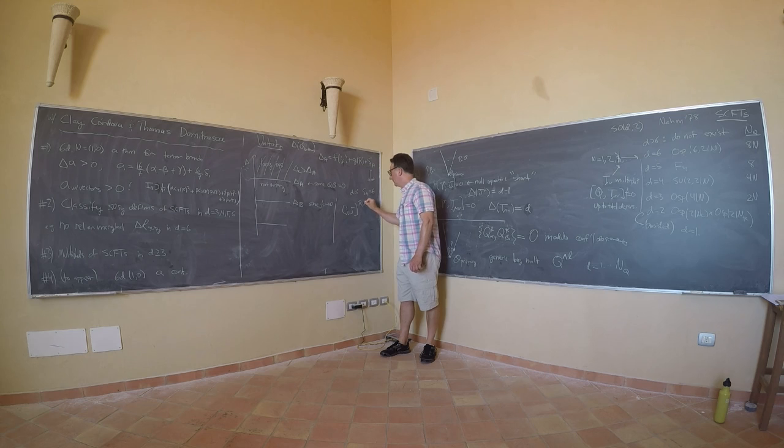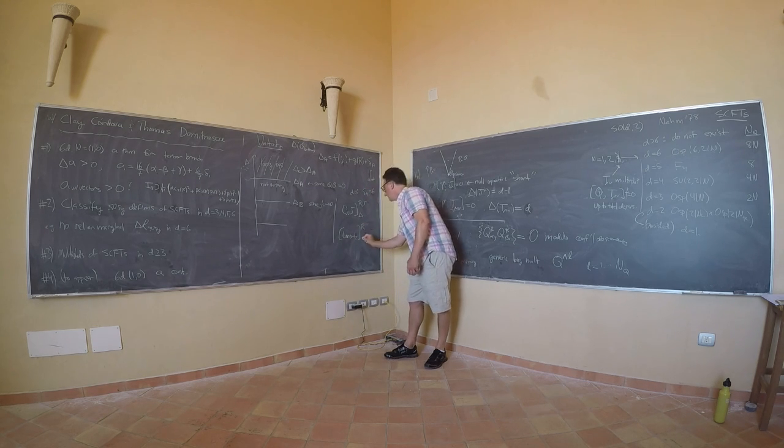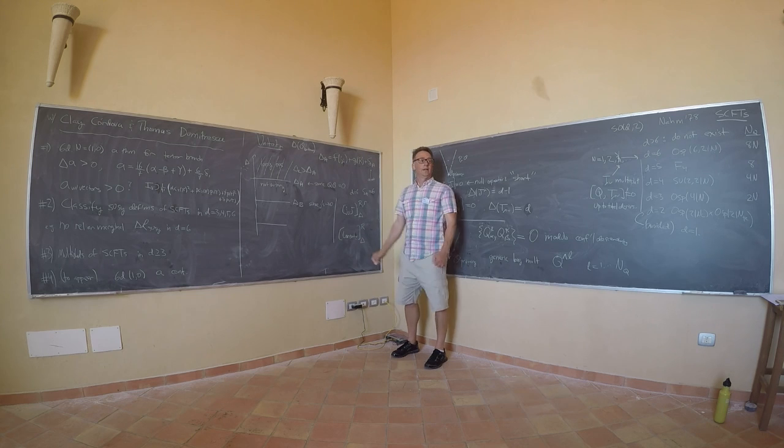We could also include the U(1)_R symmetry charge. And then there's some dimensions. So this is how we generally label the operators: we have the Lorentz quantum numbers, the R symmetry quantum numbers, and the dimensions.